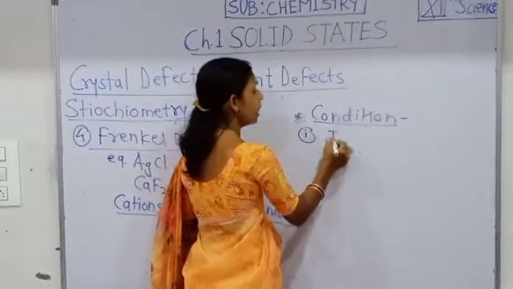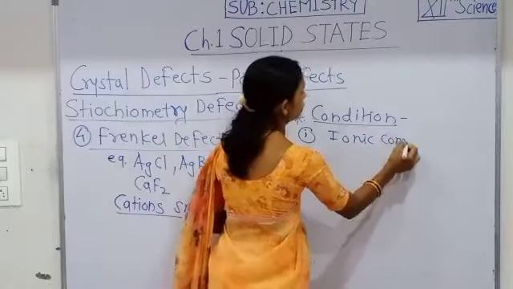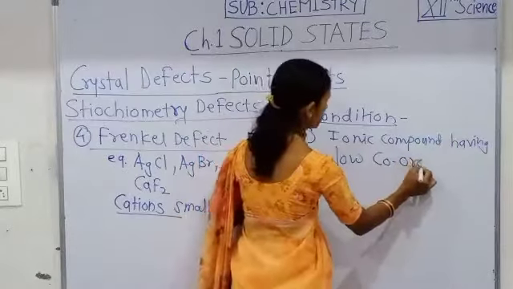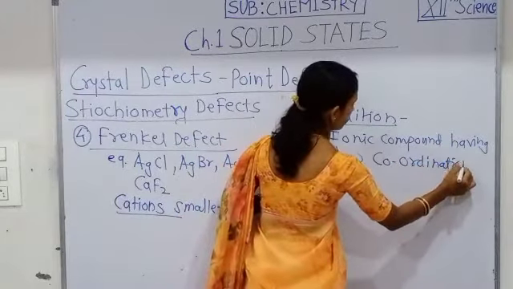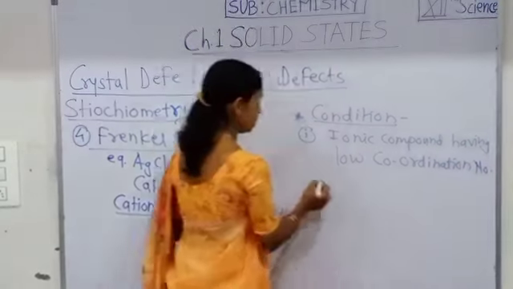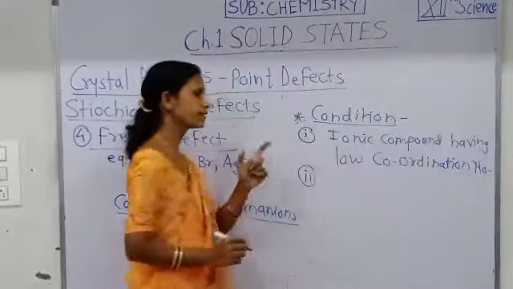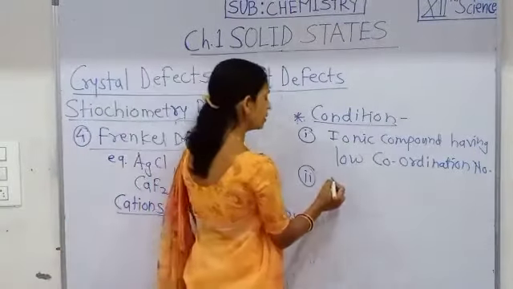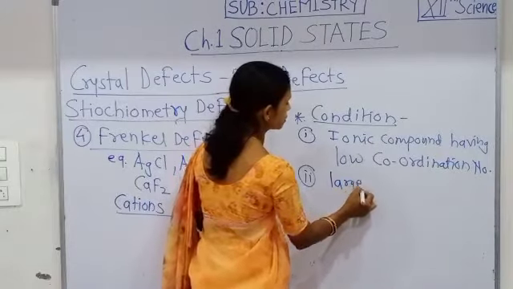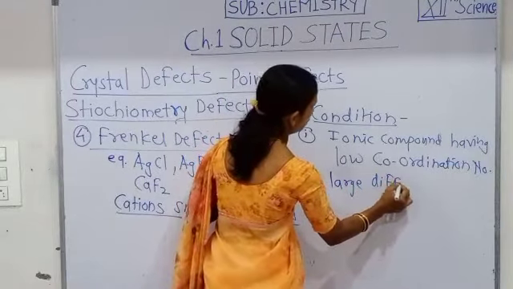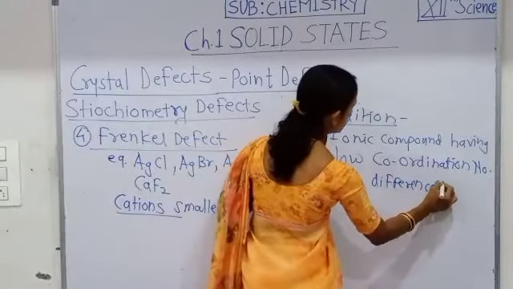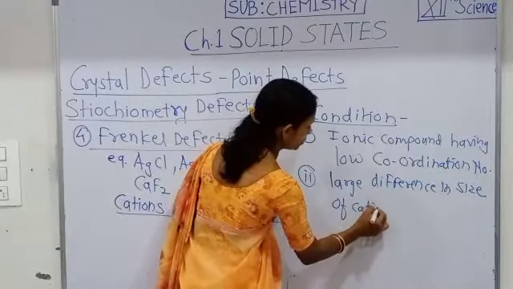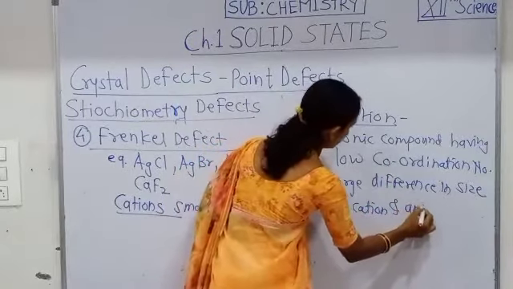It is observed in ionic compounds having a low coordination number, and in which there is a large difference in the size of cation and anion.